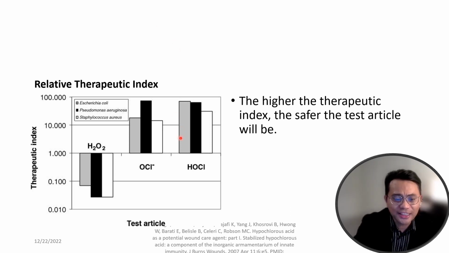So if you can see in this drug, where there are these three organisms being studied, the therapeutic index of the hypochlorous acid is high on these three organisms compared to the hypochlorite and the hydrogen peroxide.